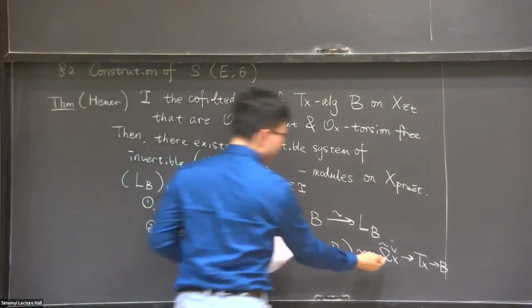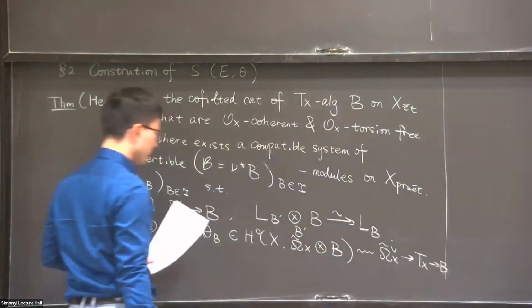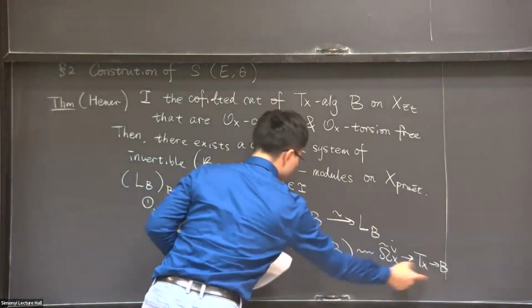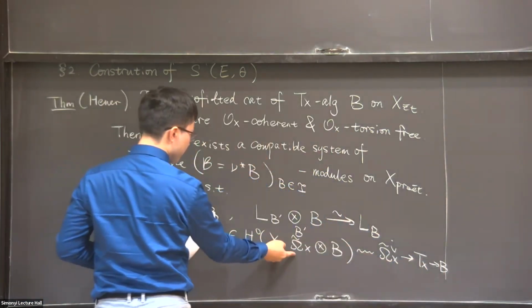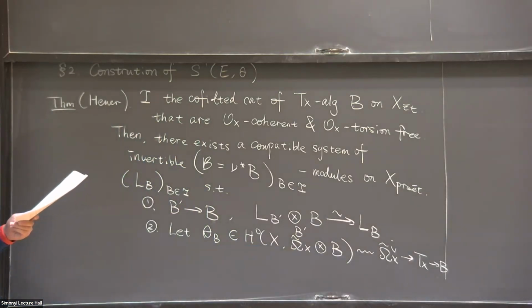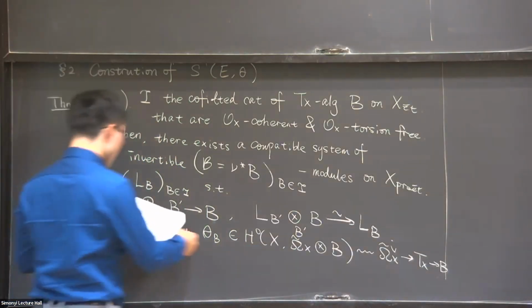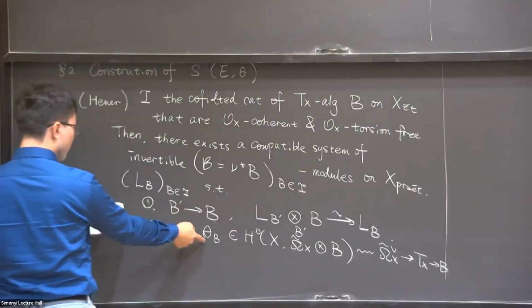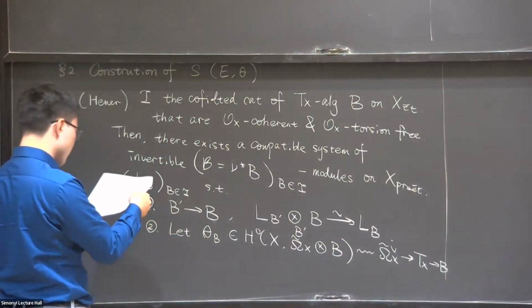So we have a map from this Lie algebra to B. Namely, this morphism gives you an element of the global sections of omega X tensor B. This is the special element associated to B. I call it theta B.